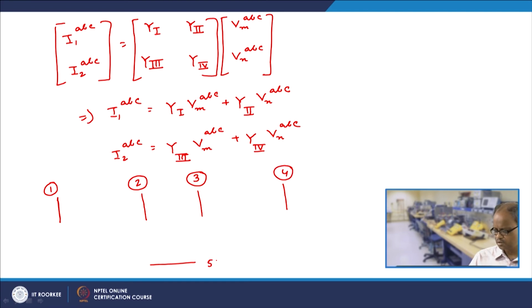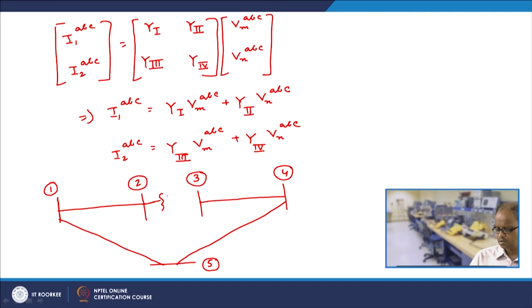In between there is a line, in between there is a line, in between there is a line, in between there is a line, but in between there is a transformer. So now you would like to find out their bus impedance matrix.